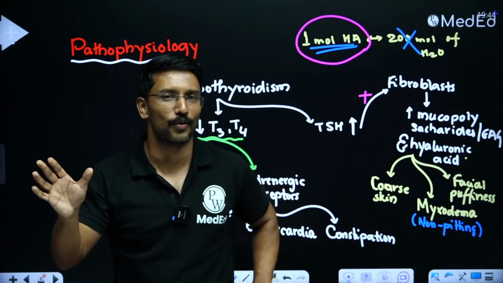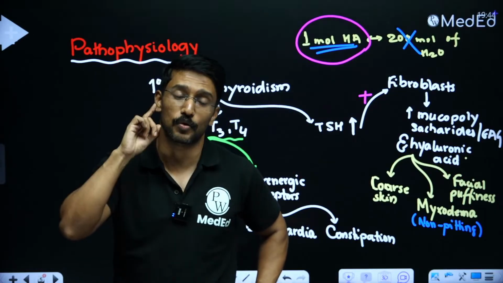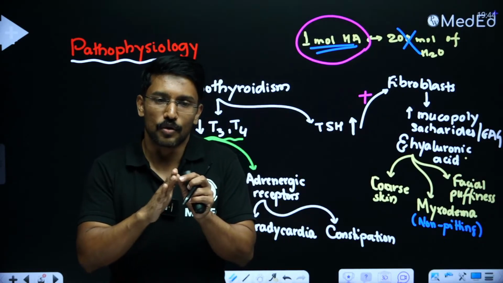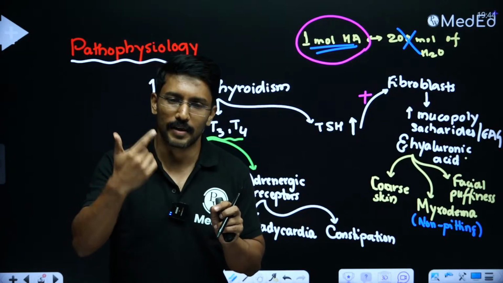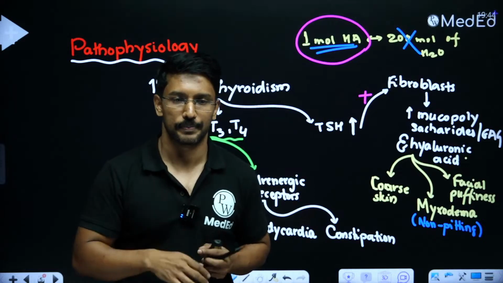So such a molecule cannot be used as a cosmetic filler. Hyaluronic acid is chosen because once it is deposited in the tissue, it is not displaced. Slowly it gets degraded, but pressure cannot displace it. That's why it is a perfect filler. Okay, clear?